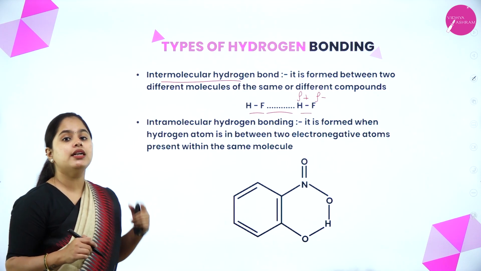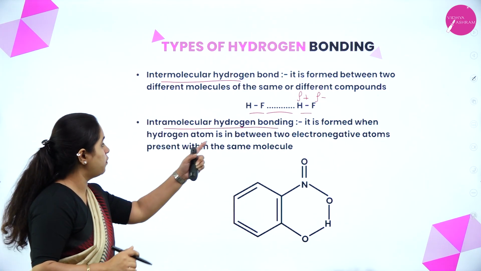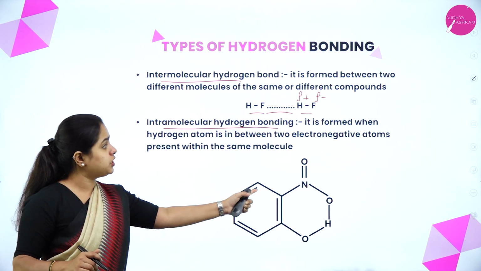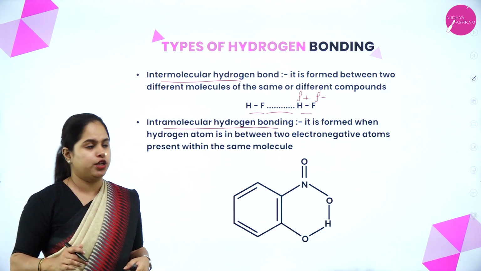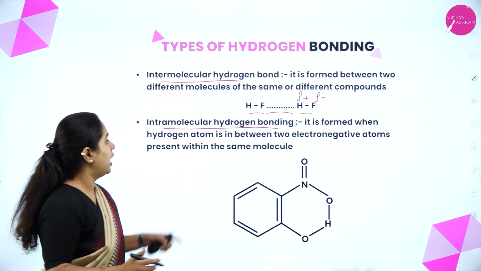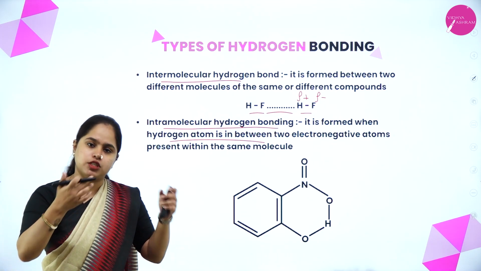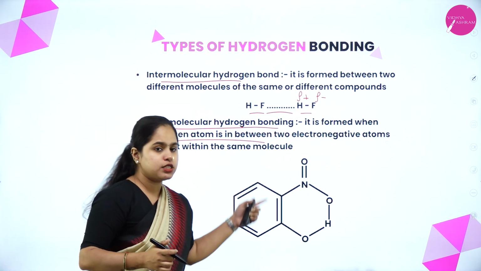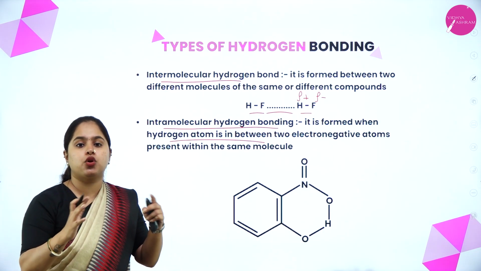Now coming to intramolecular hydrogen bonding, that is formed within a molecule. It is formed when a hydrogen atom is in between two electronegative atoms present within the same molecule. In this molecule you can see it is formed between two electronegative atoms.